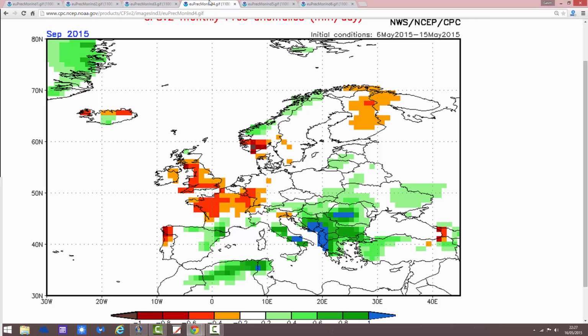Go through September, the high pressure is sitting over top of the country, so this is what you would expect. I'm not sure why the temperatures are indicated to be so cool, but the precipitation is coming out significantly drier than average. And of course, with high pressure right in over top of the country around here, and the jet stream going off up there, you would expect a drier than average month, and that is what we see for September. Let's say it's a regular feature, although this is sort of 4 months away.